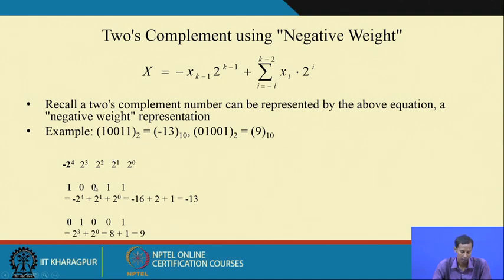Why minus 13? Because this is 5 bit, so the weights of the bits will be 2 to the power 0, 2 to the power 1, 2 to the power 2, 2 to the power 3, and the MSB position will be minus of 2 to the power 4. As I am getting 1 at this position, this is minus 16, and then the 1 1 gives 3.